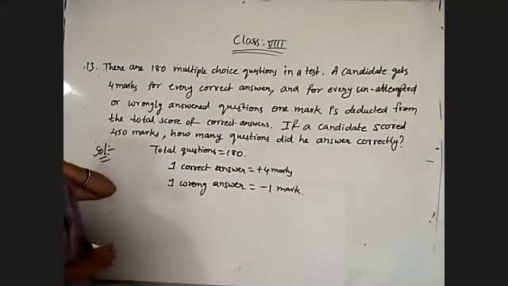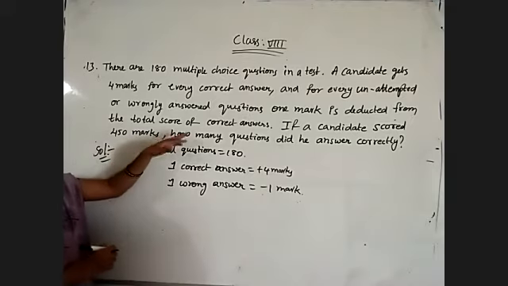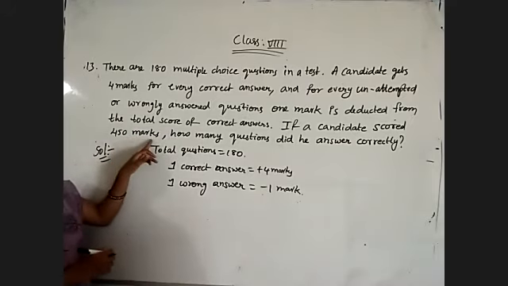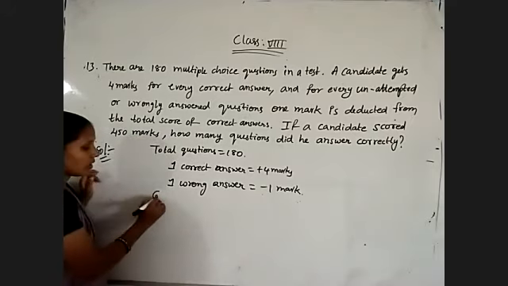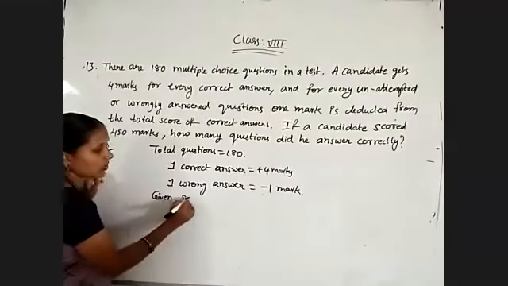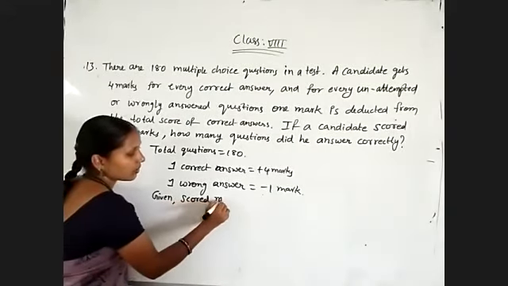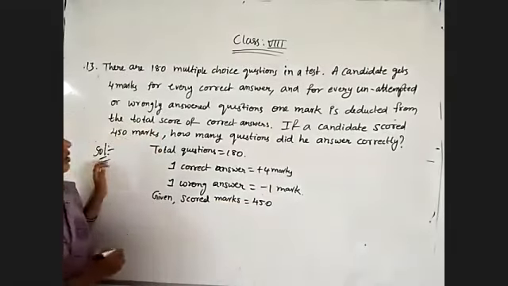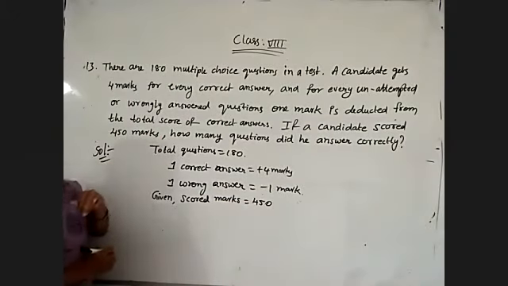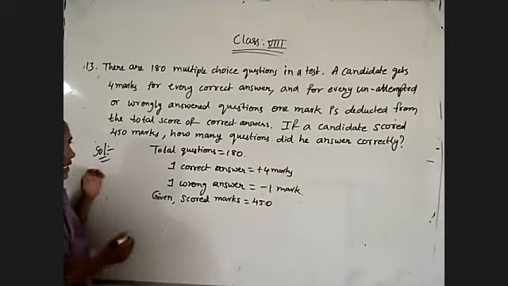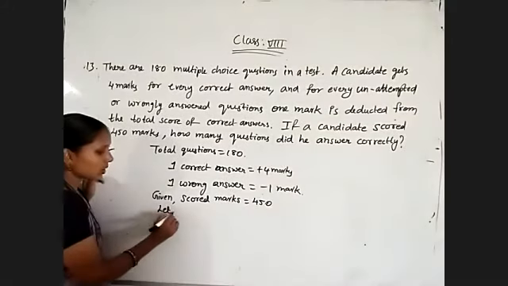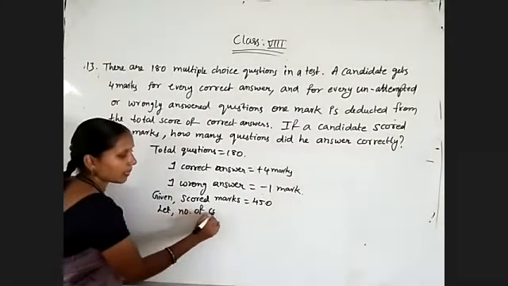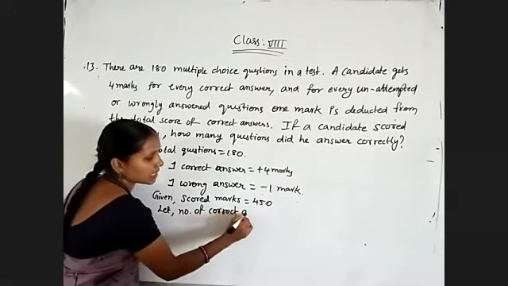Now, if a candidate scored 450 marks, so the given scored marks is equal to 450. Then they are asking how many correct answers he has attempted correctly. So let the number of correct answers be equal to x.